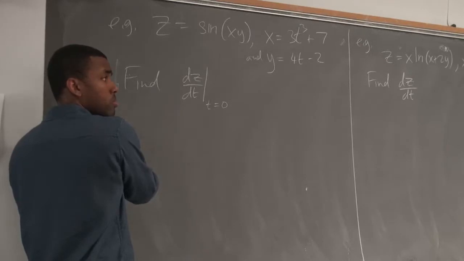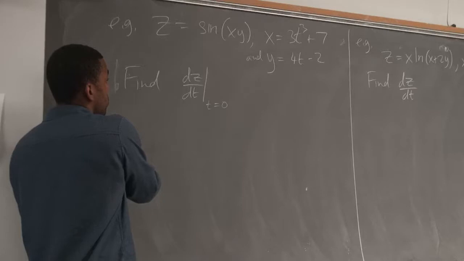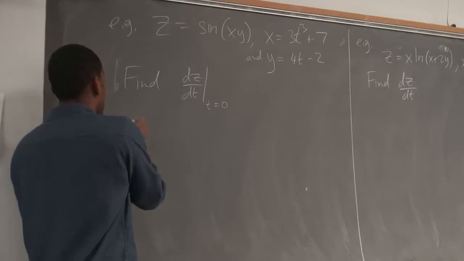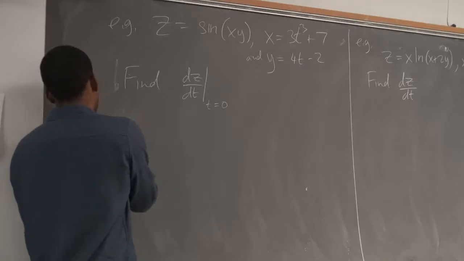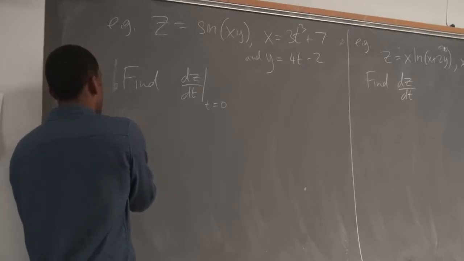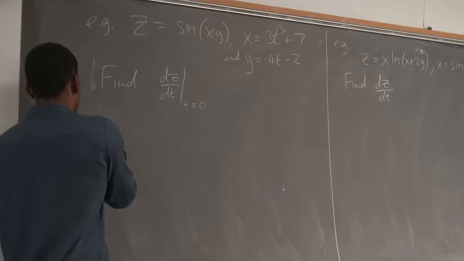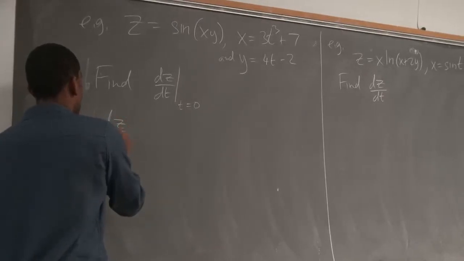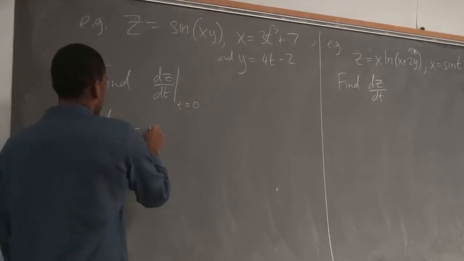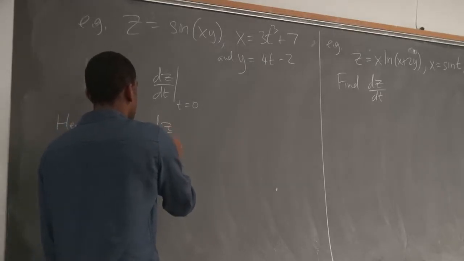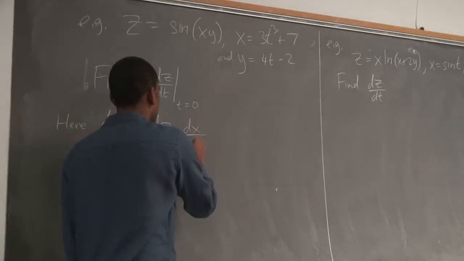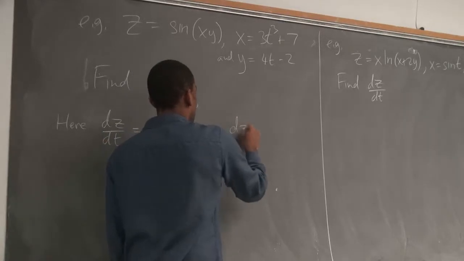Find the partial of x and y with respect to t first. Sure, you can. You're going to have to do all of them. Let me just write it out first. dz dt, according to our formula, is dz dx times dx dt plus dz dy times dy dt.